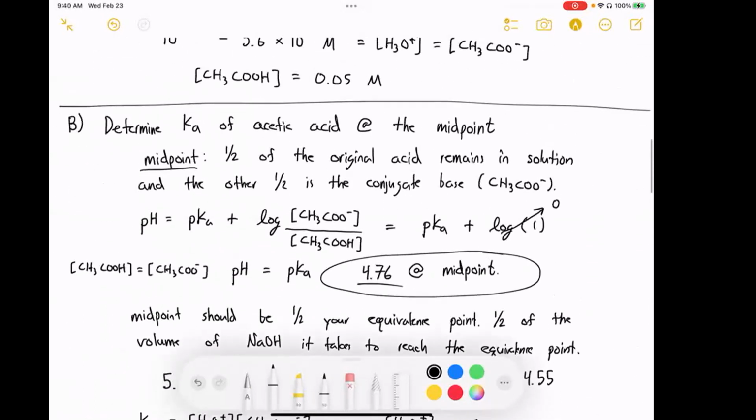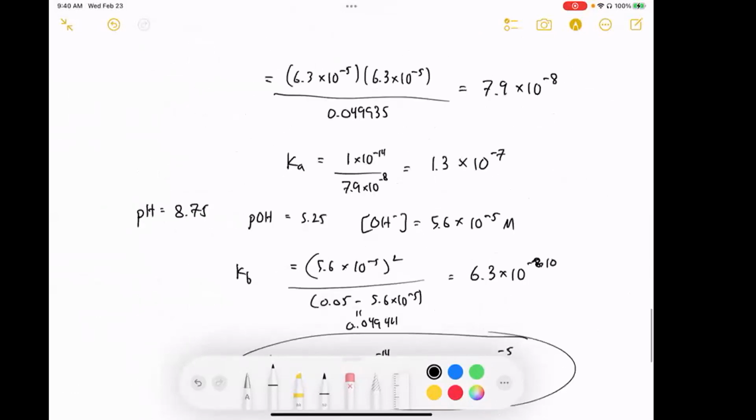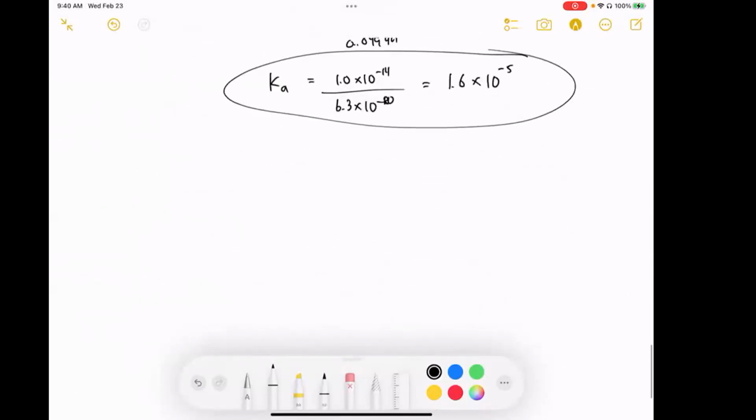So the concentration of the acid is equal to the concentration of base, because that's the point where half of your molecules of acetic acid got converted to acetate. But we can show that. So the last part we'll do is determining concentration.